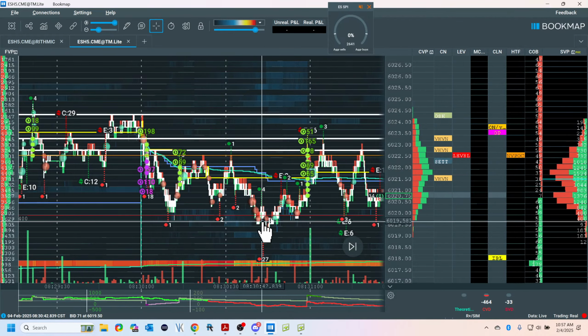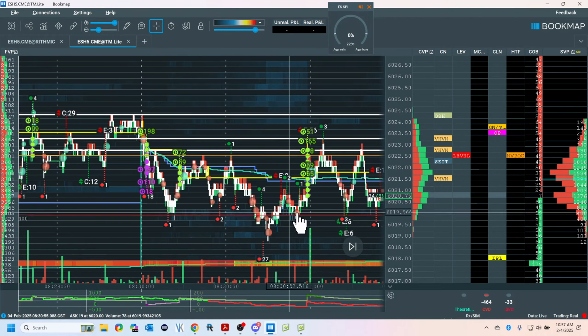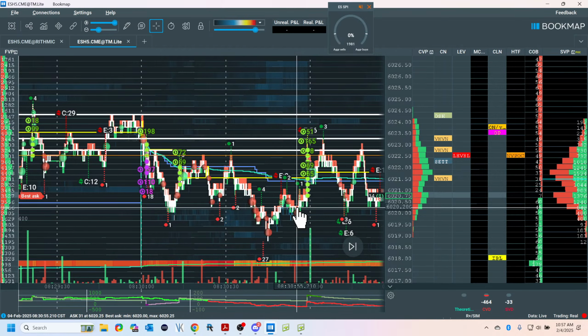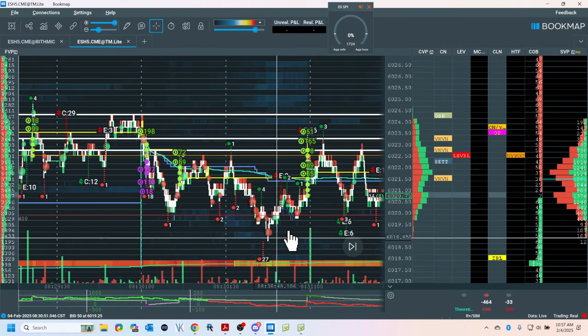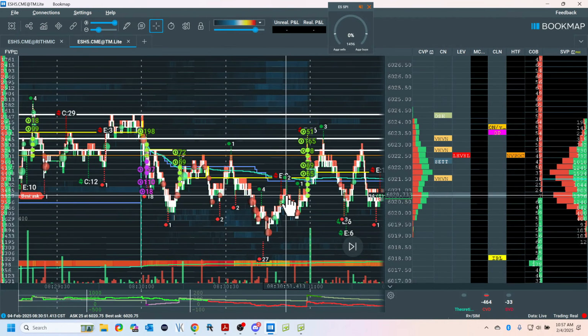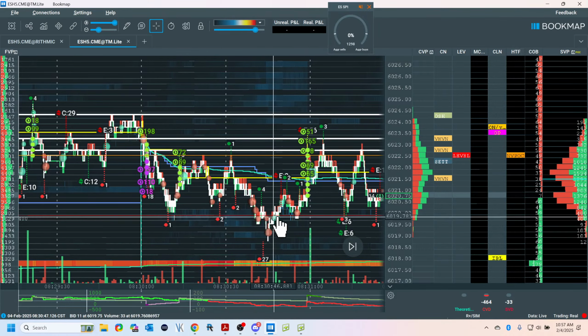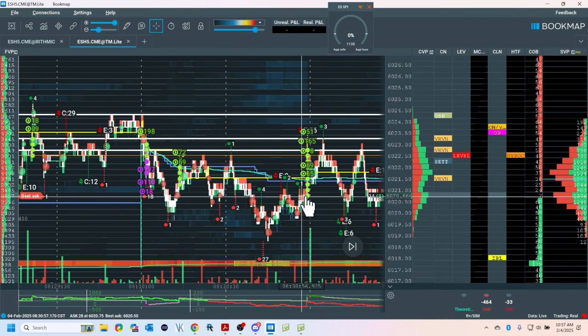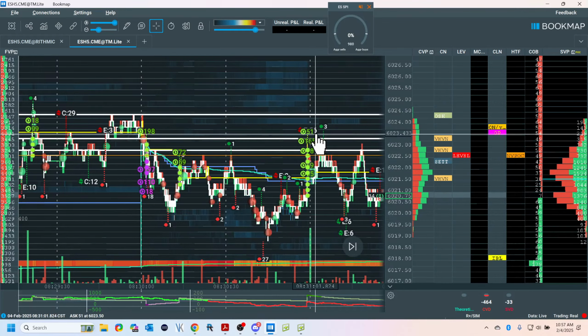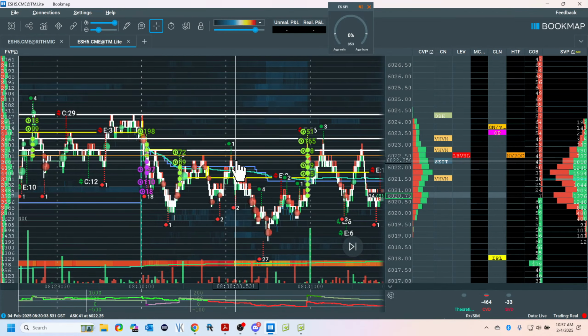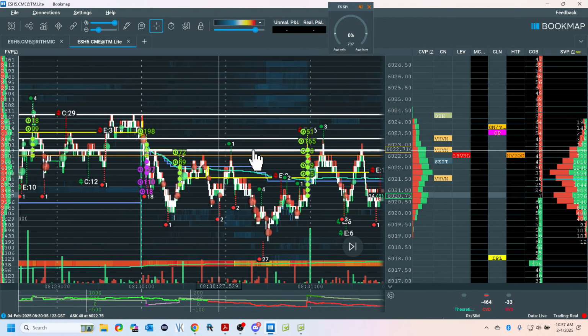And if I got long here, and the entry would be here, I'm just going to show you what would happen. If I got long, and this is a trigger in the Trader Lab, the entry is here or there, and I see this sweep, I have to scale ahead of resistance, which is here and there.